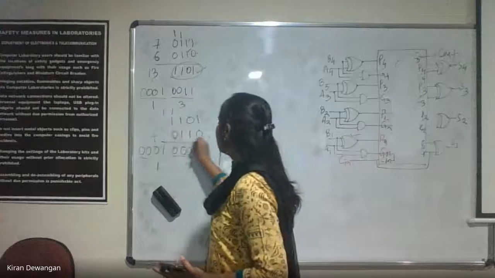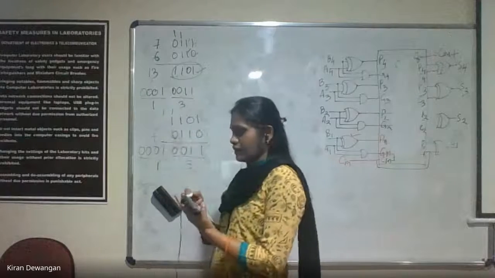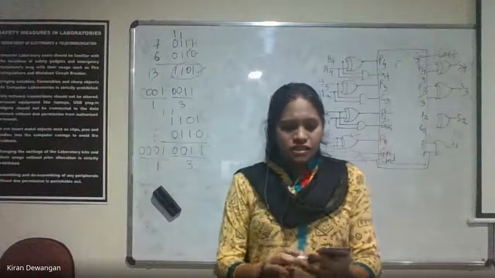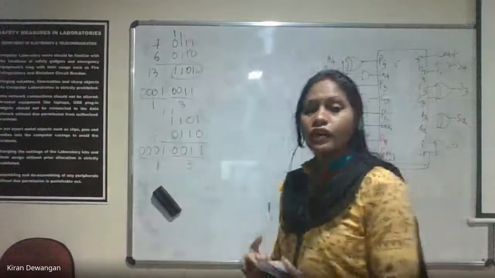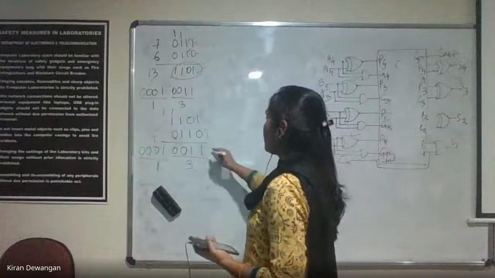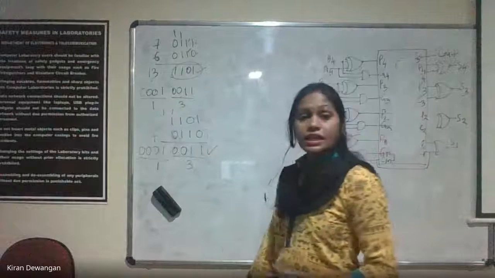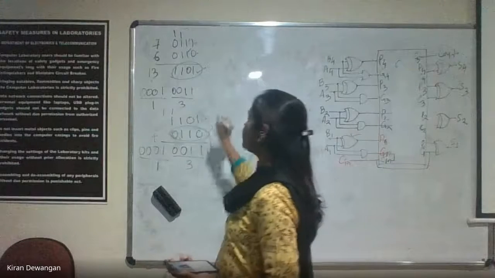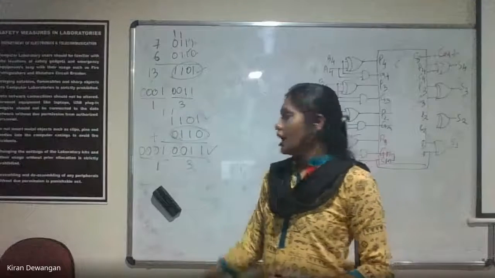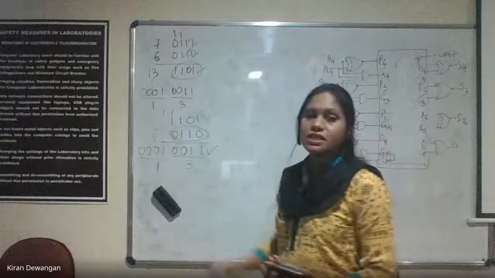We add 6 to it. That is actually converting it to my proper BCD number. If I am adding 6 to any of the illegal codes, I am getting a proper BCD code.